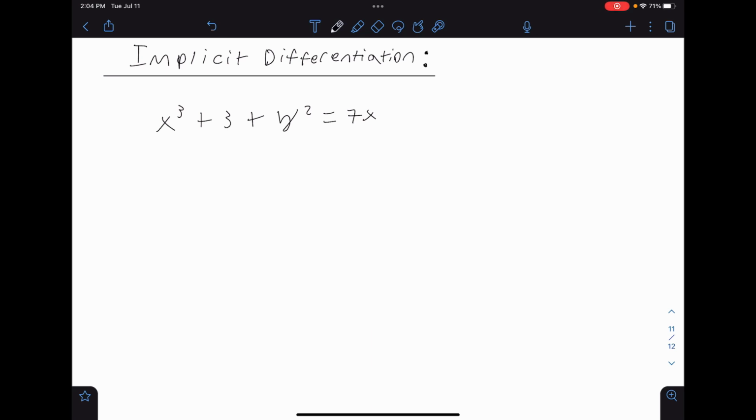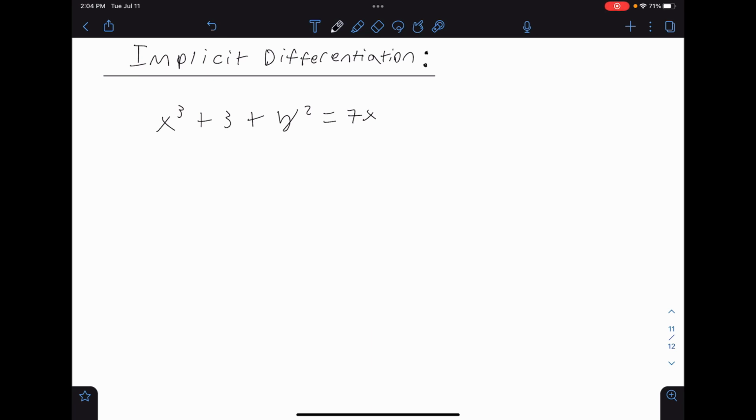So to do this, we need to differentiate both sides of the equation and solve for what comes out of our y variable through the chain rule. So let's start with differentiating both sides of the equation.